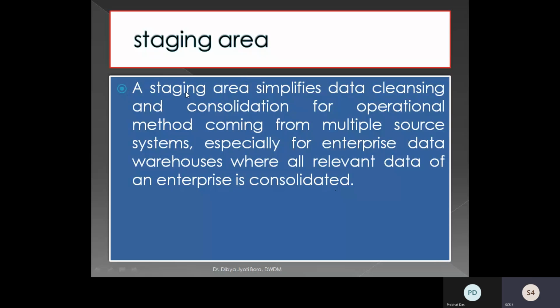What is this staging area? It simplifies data cleansing and consolidation for operational data coming from multiple source systems, especially for enterprise data warehouse where all relevant data of an enterprise is consolidated. ठीक है, तो सिंपल वर्ड में आप ये जान लो कि यह स्टैगिंग एरिया इज दैट एरिया जहां पे इरिलेवेंट डाटा को हटा के सिर्फ जो रेलिवेंट डाटा है वो ही रखेंगे, वही डाटा वेयरहाउस में पुट करेंगे, राइट?